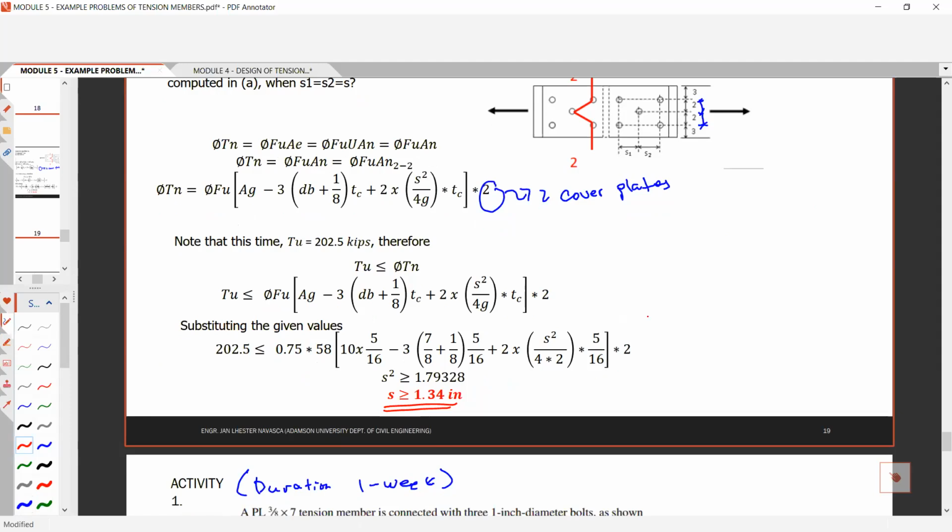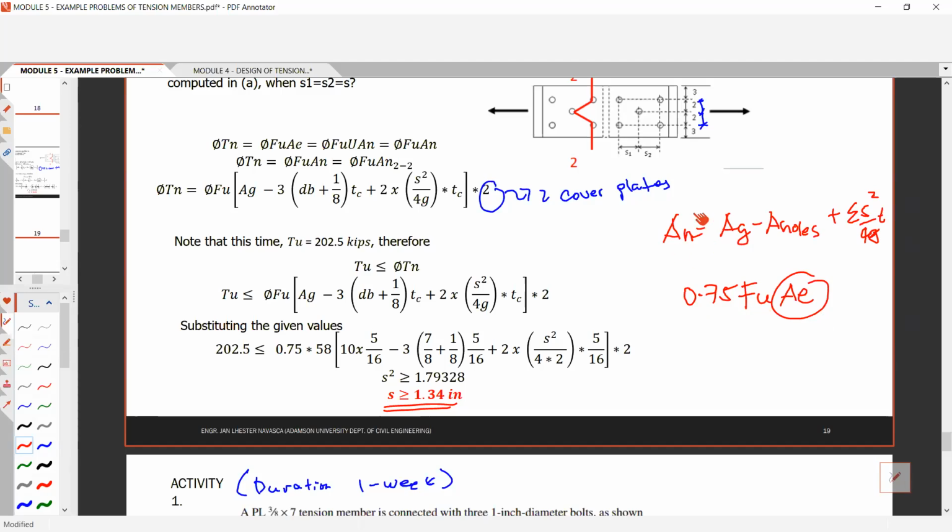The greater net width, if you take note of the formula, 0.75 FU AE. Okay, this one. And the formula for AE with AN, that is AG minus area of the holes plus the summation of S squared over 4G times T. Okay, so if we increase AN, we increase the capacity.